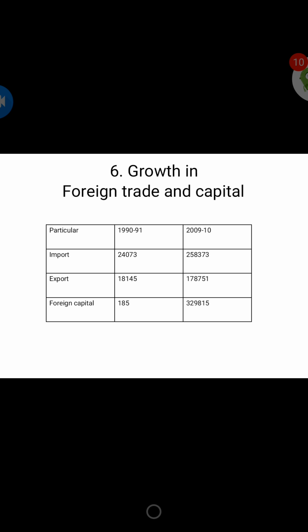You can see the table here, showing how much the import, export and foreign capital were. Increase in imports has contributed to the growth of technology. Increase in exports has helped the accumulation of foreign reserves. The inflow of foreign capital has also contributed to the modernization of industry with foreign technology.